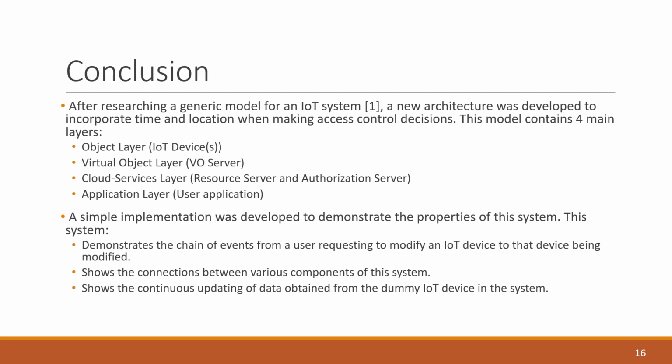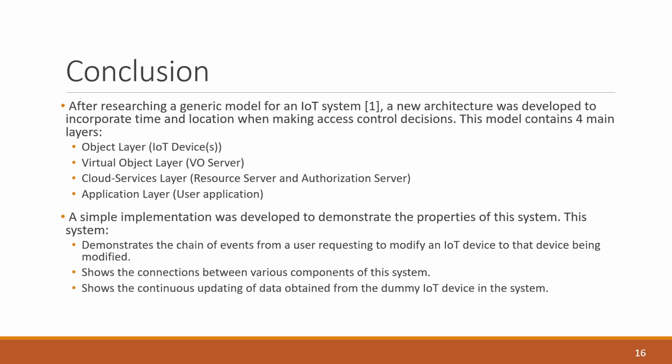So just as a conclusion, after researching a generic model for an IoT system, we developed a new architecture to incorporate time and location when making access control decisions. This model contains those four layers we talked about earlier: the object layer, the virtual object layer, cloud services layer, and the application layer.